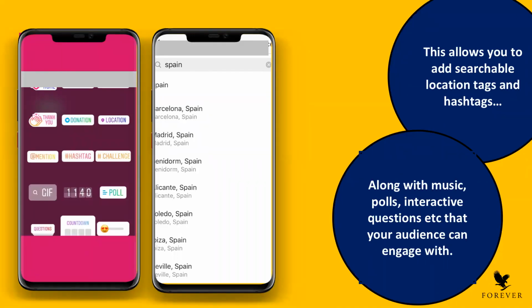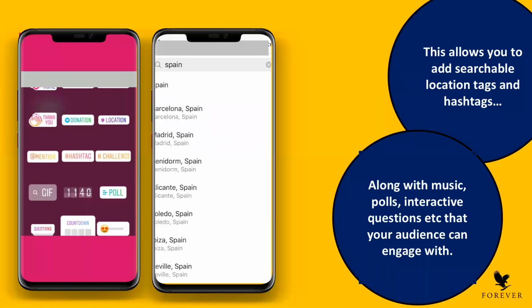So when you click on the location tag, it will give you the opportunity to add your location to your story. So if you're living in Manchester, you could add Manchester or even smaller, more specific areas of Manchester. Add this to your story, and that means that when anybody goes to the Manchester search, your story is going to come up within that.